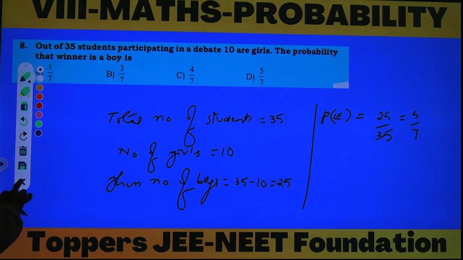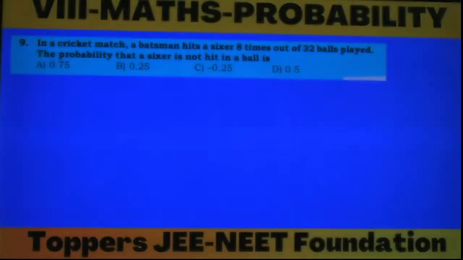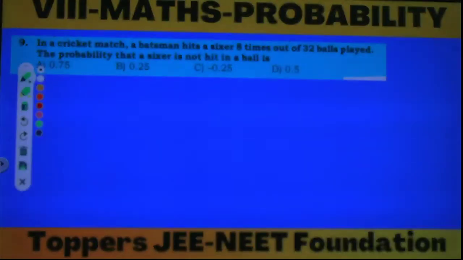Next question. In a cricket match, a batsman hits a sixer 8 times out of 32 balls played. The probability that a sixer is not hit in a ball is, right, total number of balls, 32 balls.